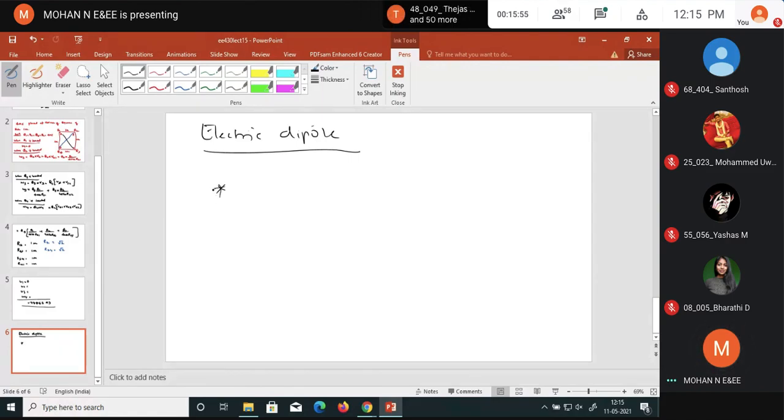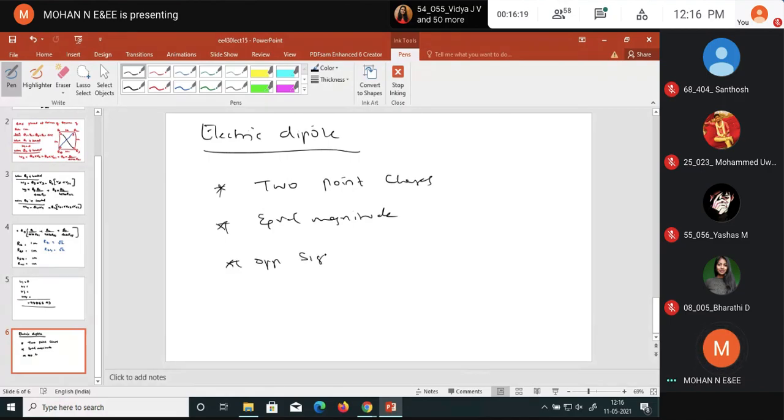It is nothing but whenever there are 2 point charges of equal magnitude and opposite sign, and they are separated by a small distance, it gives rise to an electric dipole.